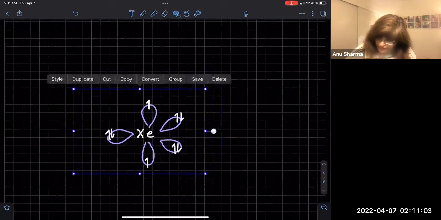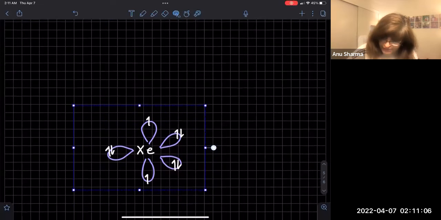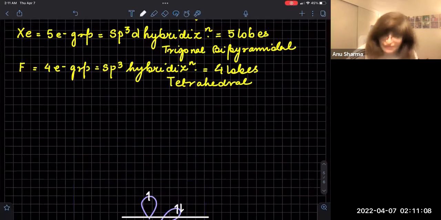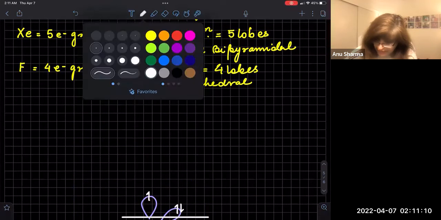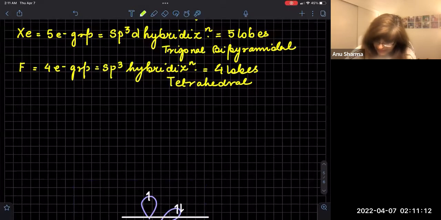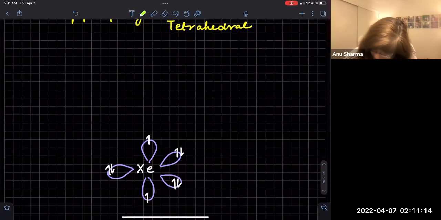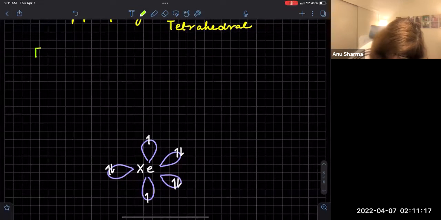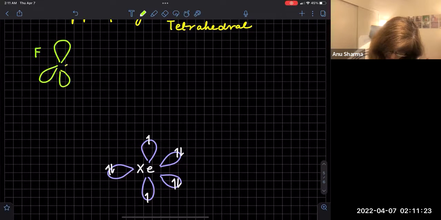Now remember that each of the fluorines is sp3 hybridized. And so the thing with the fluorine is that fluorine has 1, 2, and 3.